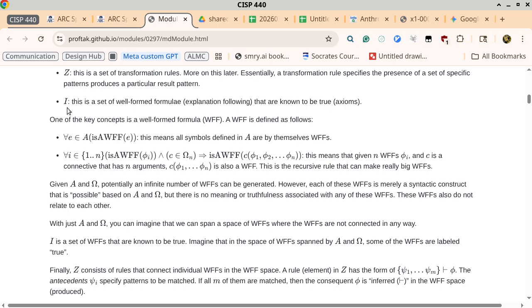We will say the left-hand side of this symbol, which is infers. This is also known as infers, not implies. There's a big difference between implication and inference. Implication depends on meaning, it depends on the truth table.